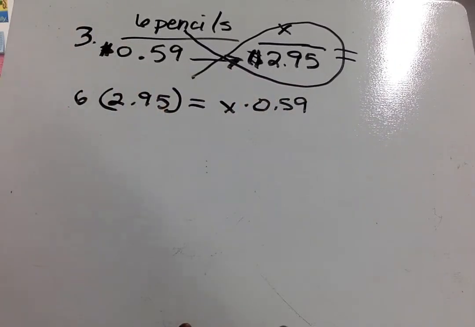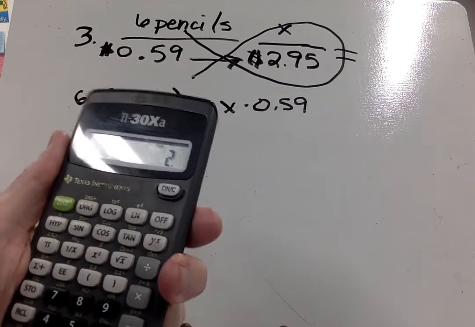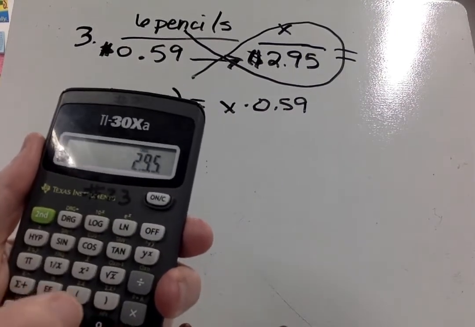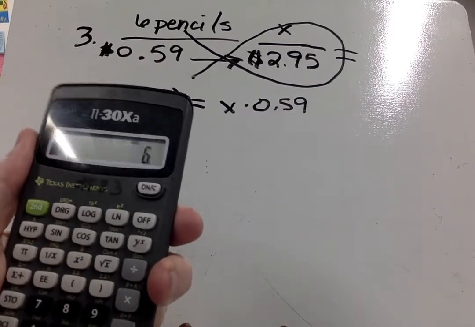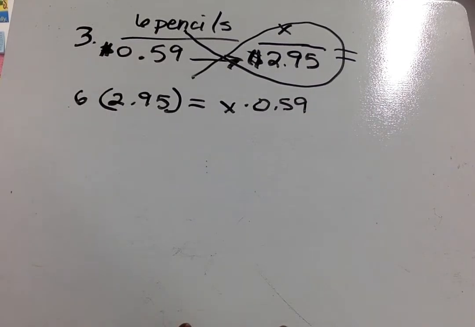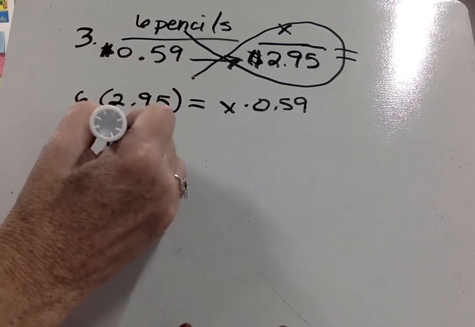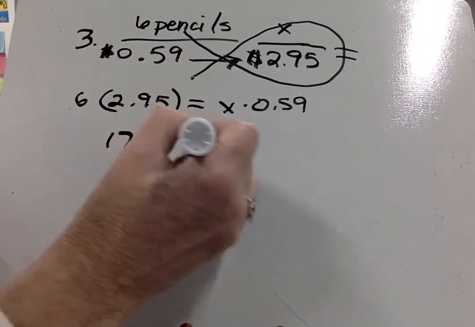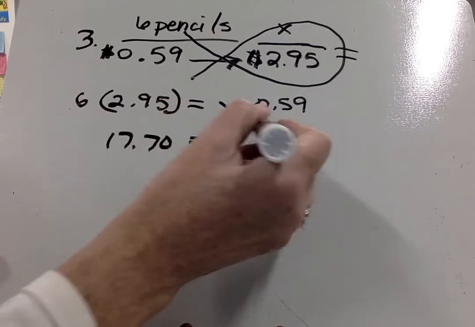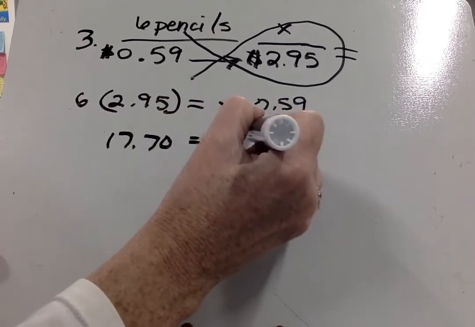Okay, so I take my handy dandy calculator and I go 2.95 times 6, that's $17.70. Oh, I can't tell with this calculator. That sounds about right, but the calculator is kind of messed up. I think that's right. Equal, and I'm going to flip this around, 0.59X.